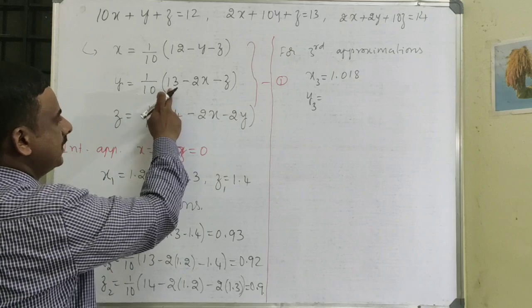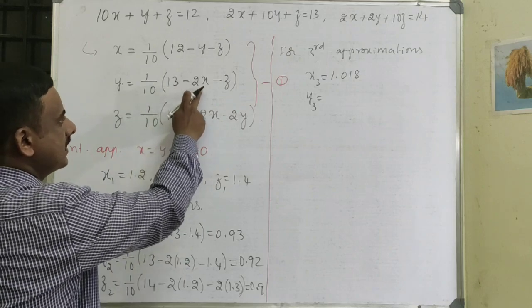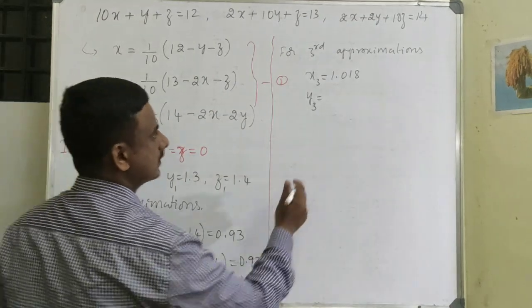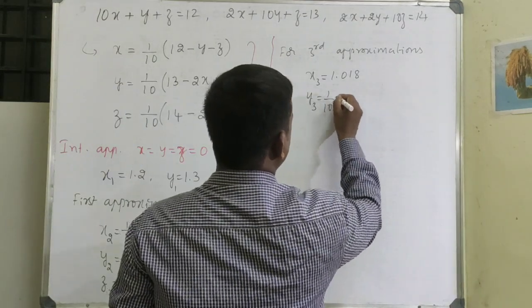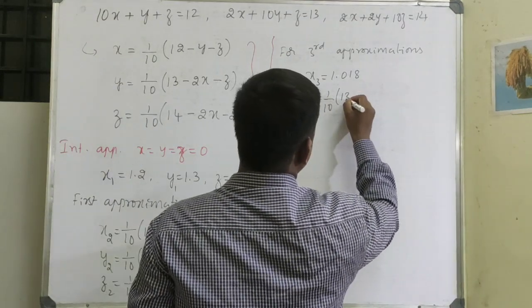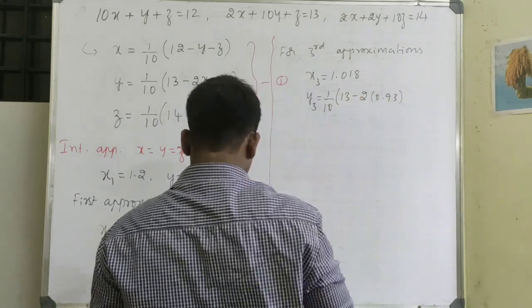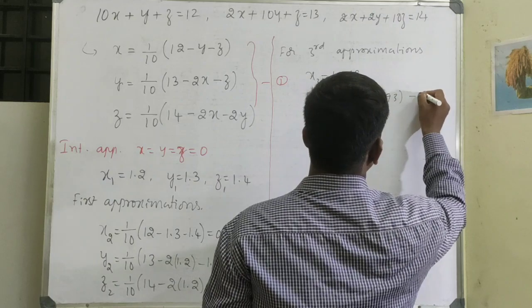1/10 into 13 minus 2 into 0.93 minus 0.9. So let us write it, 1/10 into 13 minus 2 into 0.93 minus 0.9.